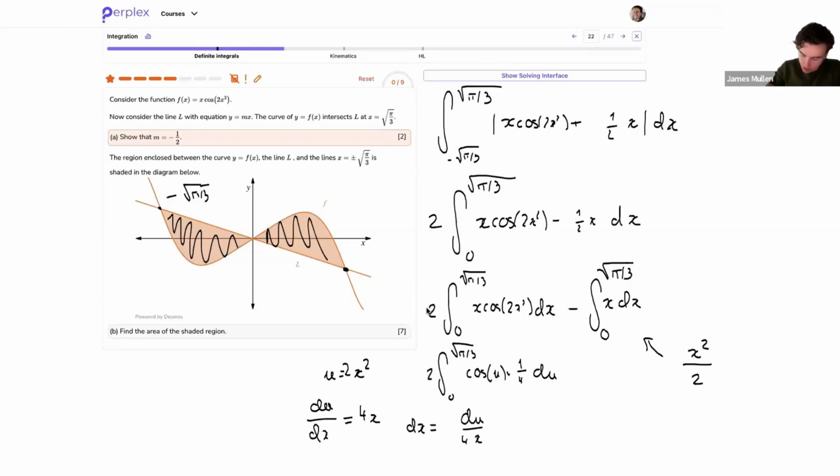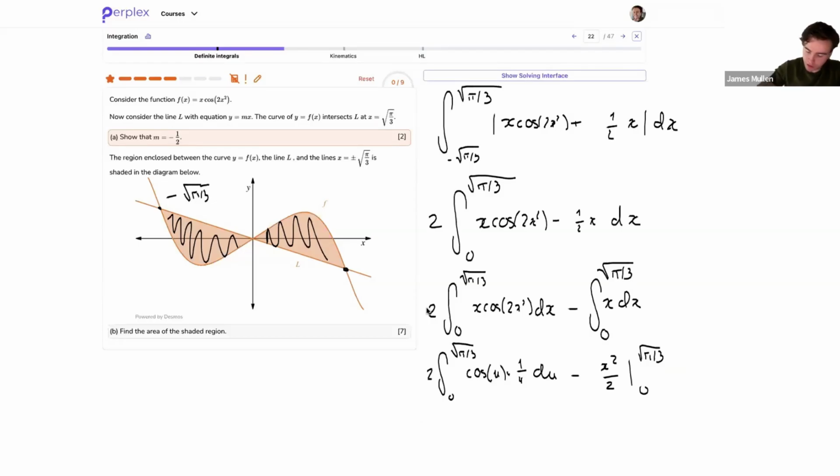Now I'm going to make some room, and we're going to continue. Let us do it over here. Still just minus x squared over 2 from root pi over 3 down to 0. Just a reminder that u is equal to 2x squared, so we don't forget.